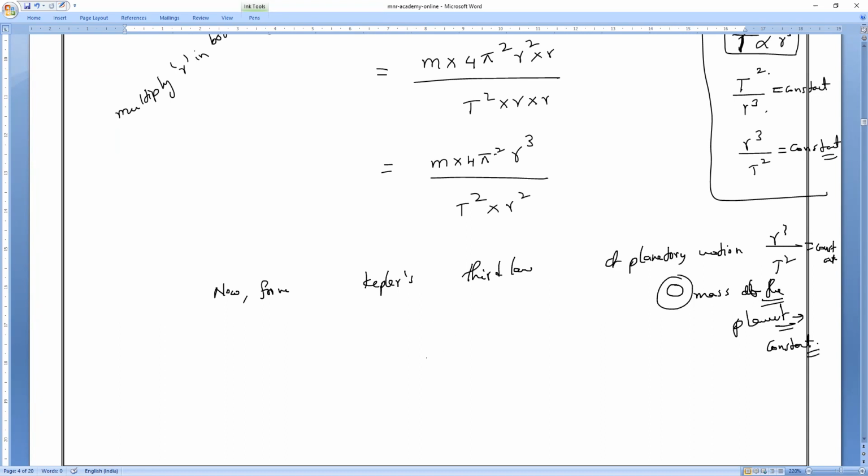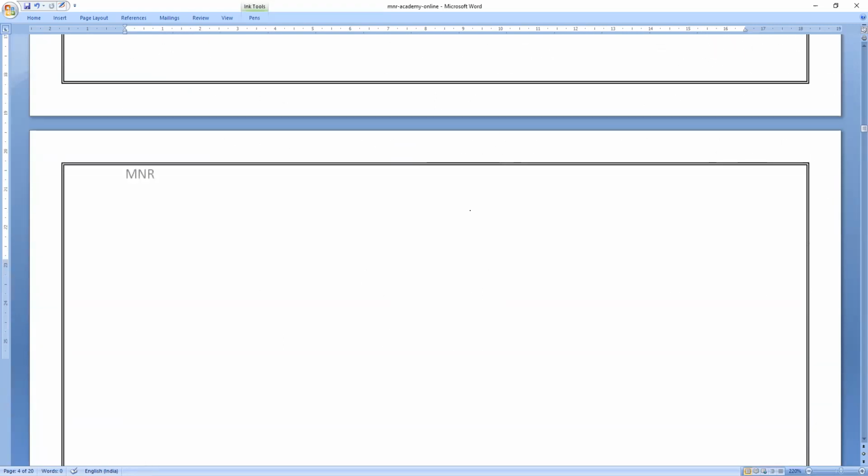Okay. So now if you notice, what will happen? R cube divided by T square is constant, and the mass of the planet is also constant. So now you can see this equation will be modified like this. If anybody has a doubt, you can ask me.